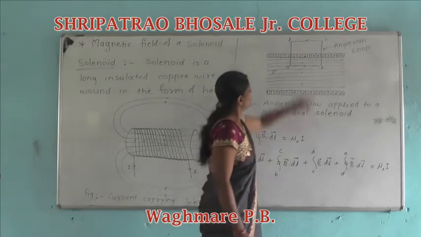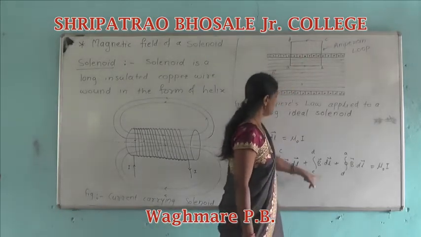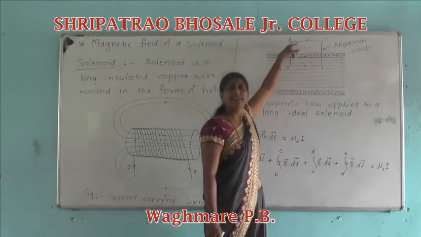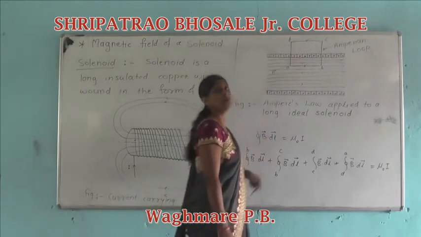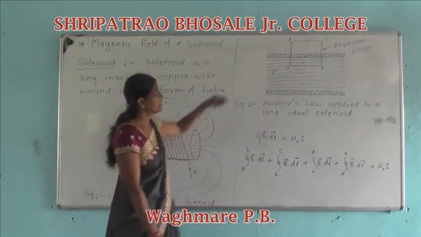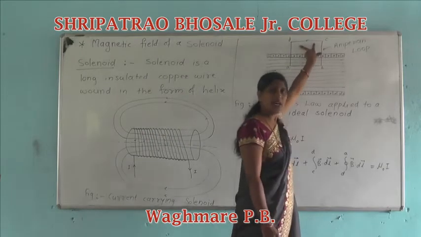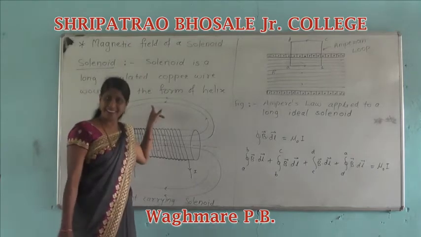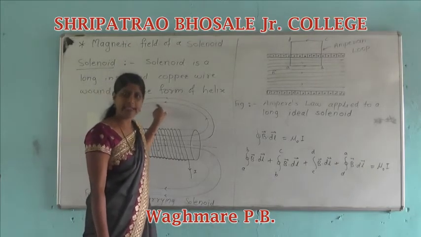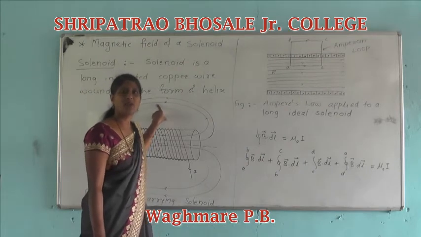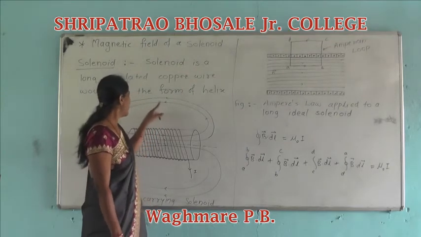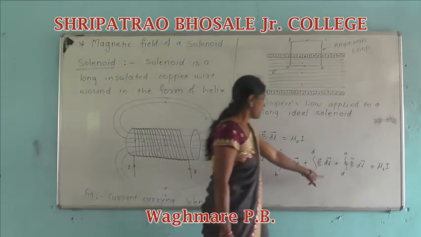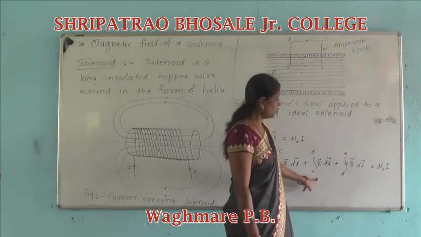Now, considering the integration over line CD, this line is outside the solenoid. We know that outside the solenoid the magnetic lines of force are widely spaced, and therefore the magnetic field is negligible, and this term will also become equal to 0.